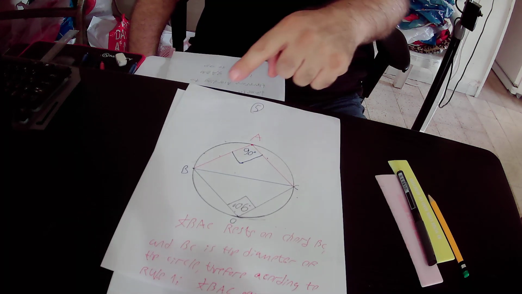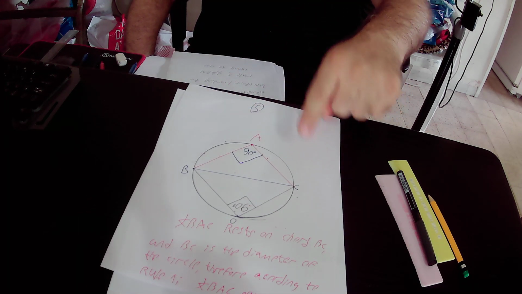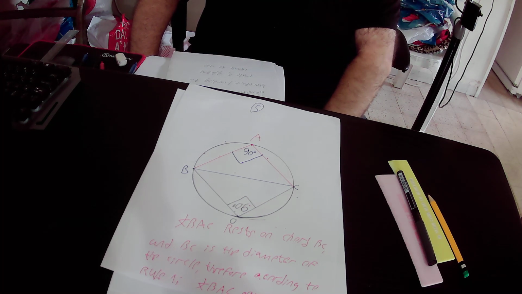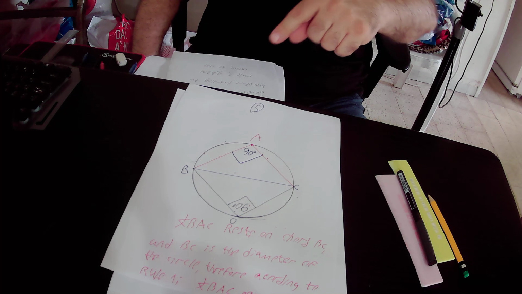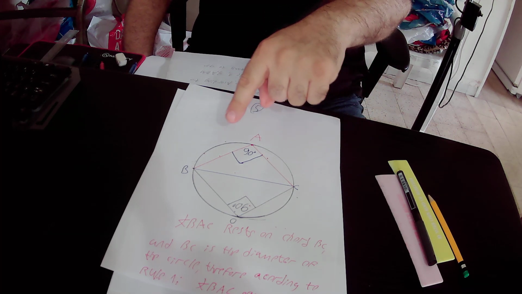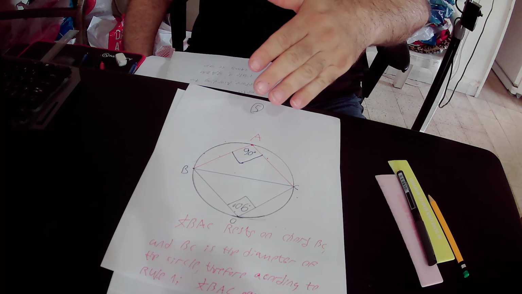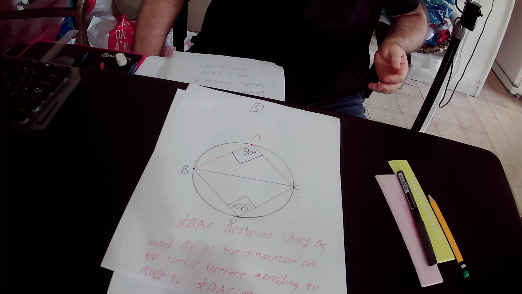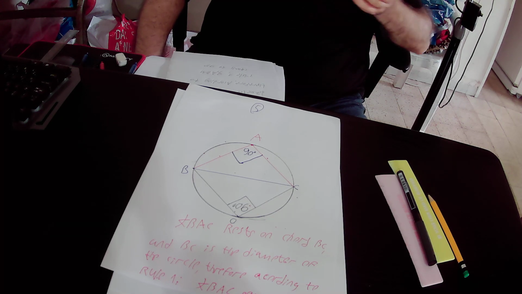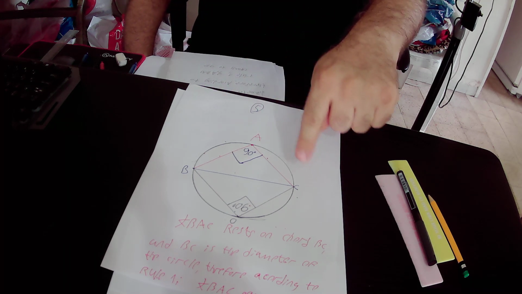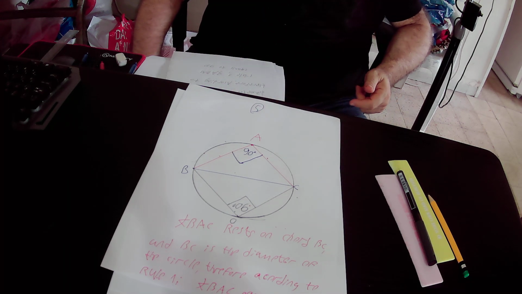Actually, peripheral angle BAC rests on chord BC, and chord BC is defined as the diameter of this circle. For that reason, according to rule number 1, angle BAC equals 90 degrees.